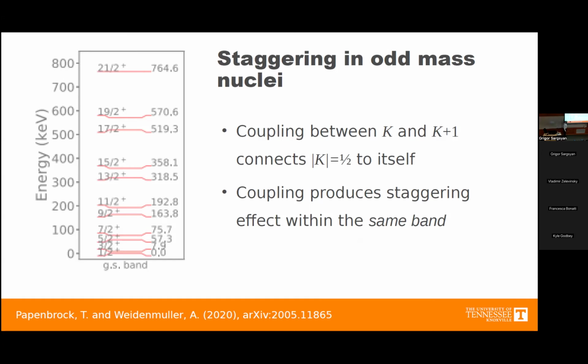Again, the numbers are a little bit harder to see than I anticipated, but we can definitely at least see the staggered spacing as we go up in the rotational band here.